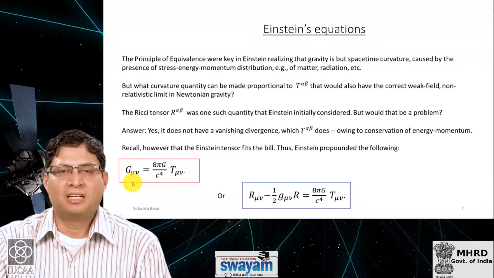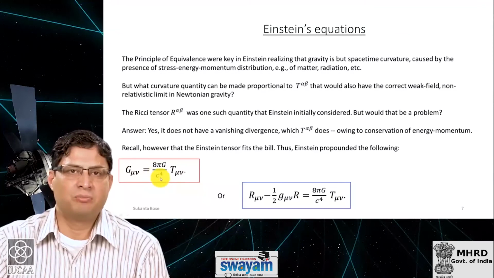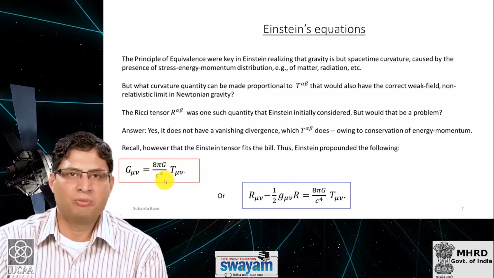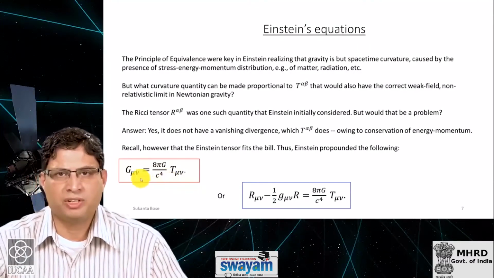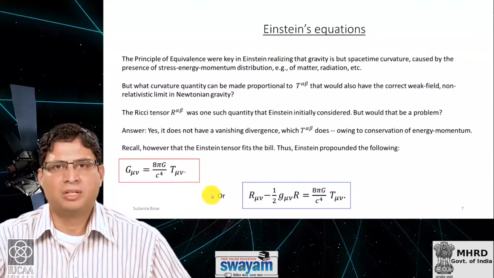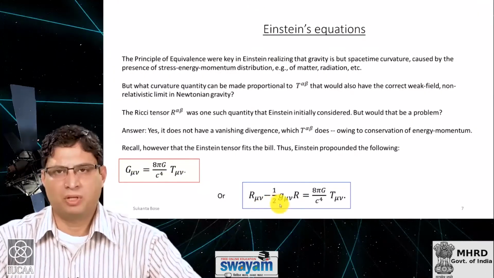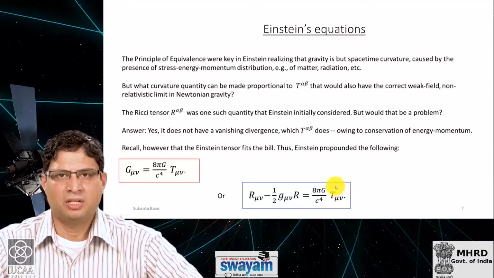Notice that gravitational force is easily withstood by the electromagnetic forces in the floor on which you're sitting or standing. If you want to flesh this out, you realize that G mu nu is just R mu nu minus half small g mu nu times the Ricci scalar, and in this case the right hand side is left unchanged.